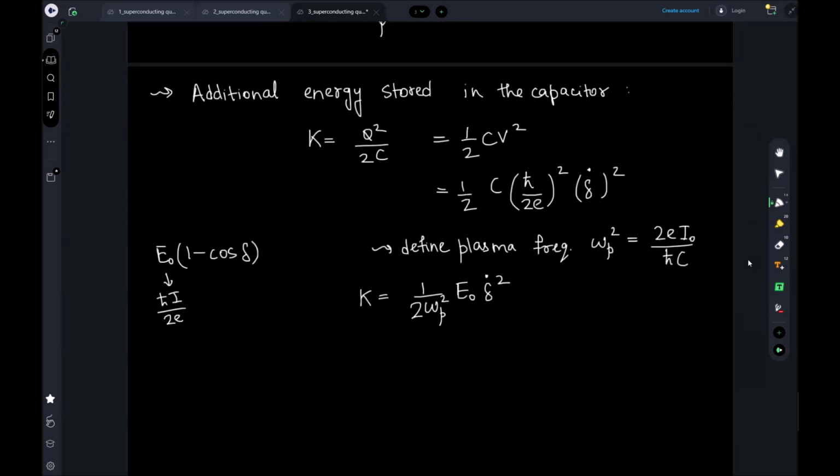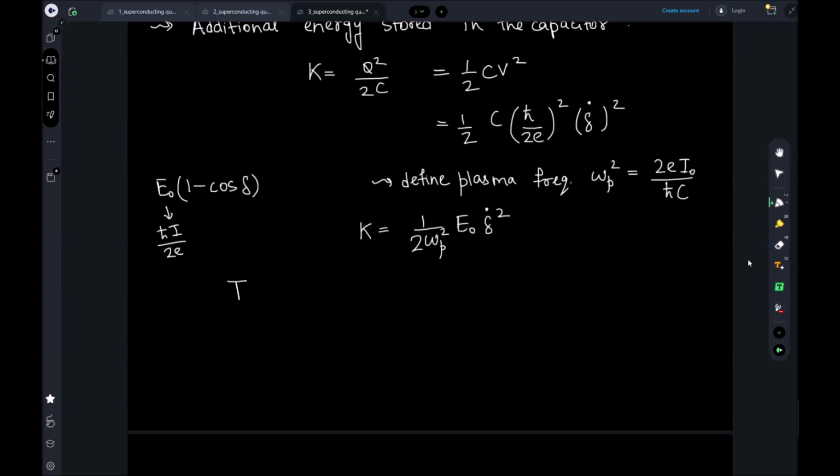So now we can write the total energy from the junction part alone, as well as the capacitive part of the junction. We can write the total energy as follows.